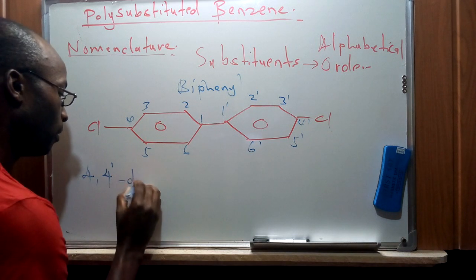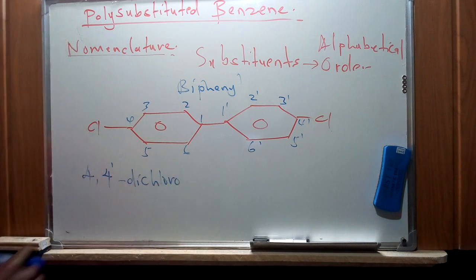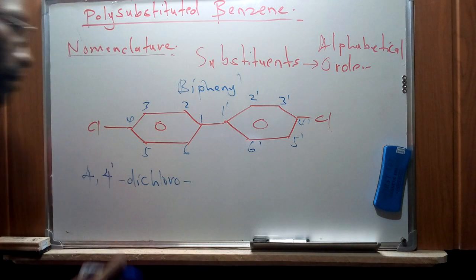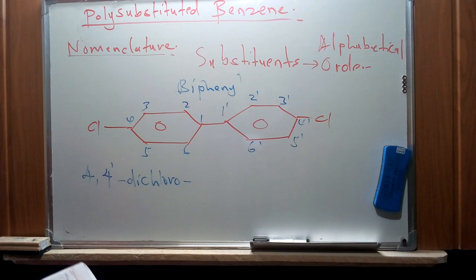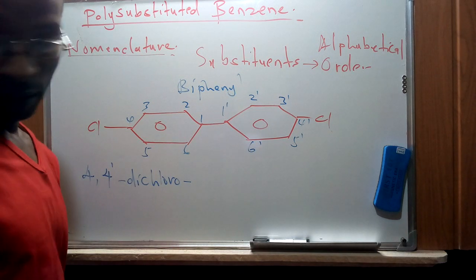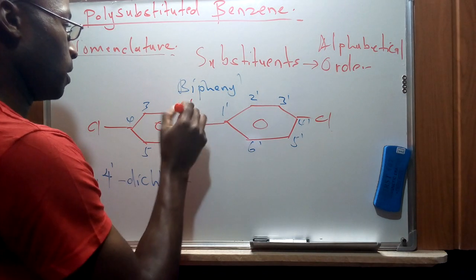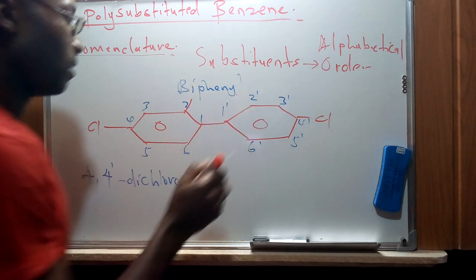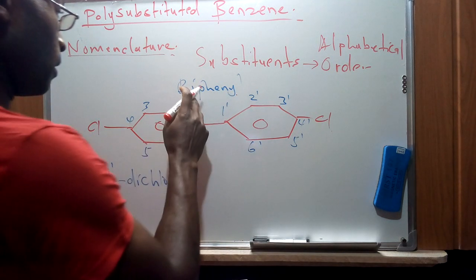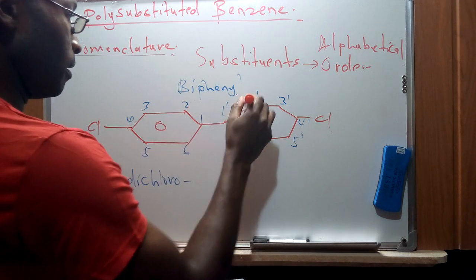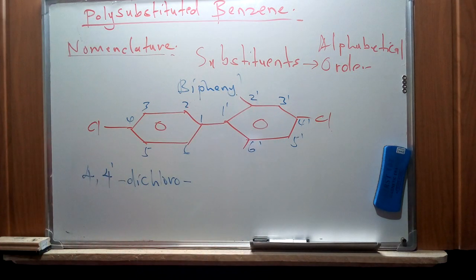4,4'-dichloro, and then there's a substitution of some methyl groups at this point which I had forgotten. So there's a methyl group at this particular point.